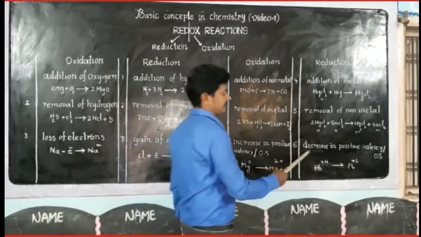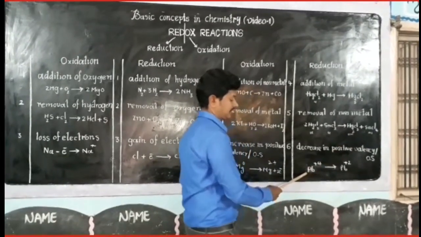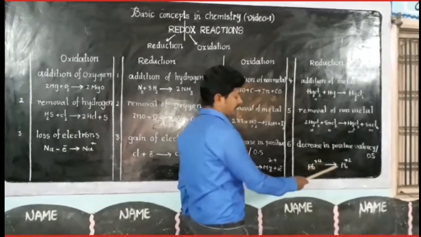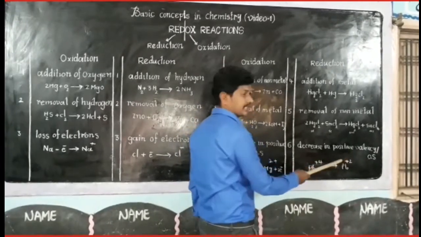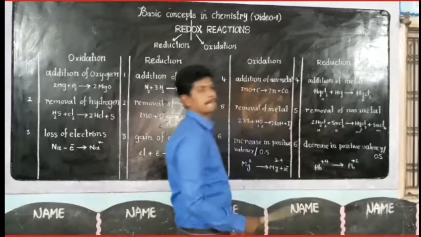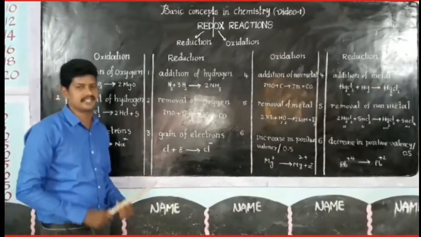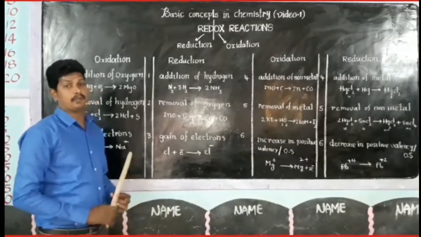Here decrease in positive valency or oxidation state: lead in the reactant side is +4, in product side +2, there is a decrease in oxidation state, it is reduction reaction.